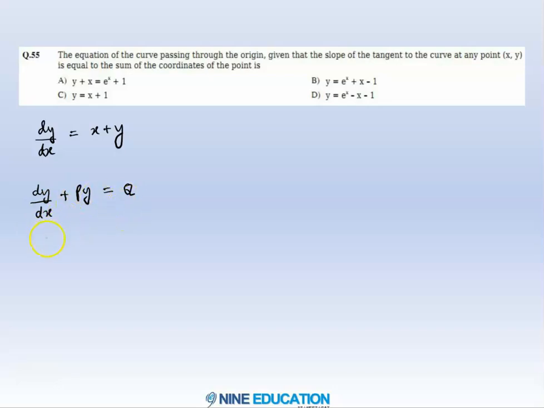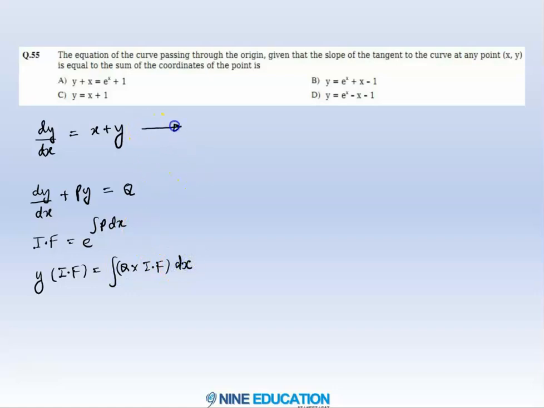To solve this type of question, we find something called the integrating factor, which is e power integration of p dx. Once that is found, we find the solution by writing y into the integrating factor is equal to the integration of q into the integrating factor dx. So let us apply this concept in this particular question.